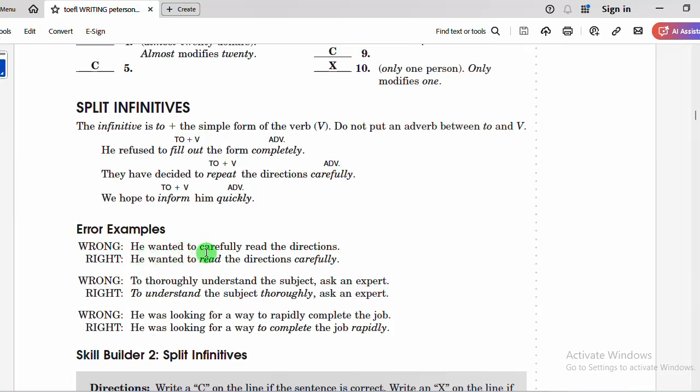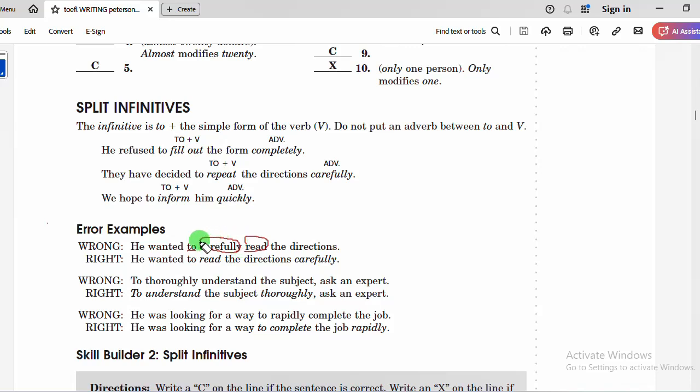He wanted to carefully read the directions. If we look here, let's highlight the word to and its infinitive read. We will find them separated by the adverb carefully.